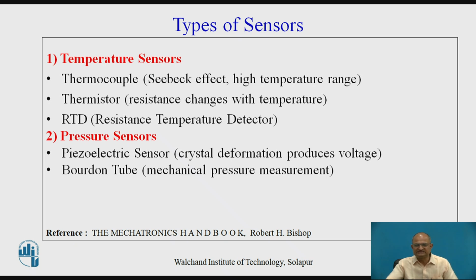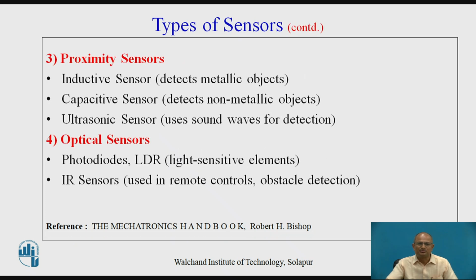In addition to this, there are some more types of sensors. Let us understand those. Proximity sensors, such as inductive sensors, capacitive sensors, and ultrasonic sensors. These proximity sensors are generally used to detect objects.